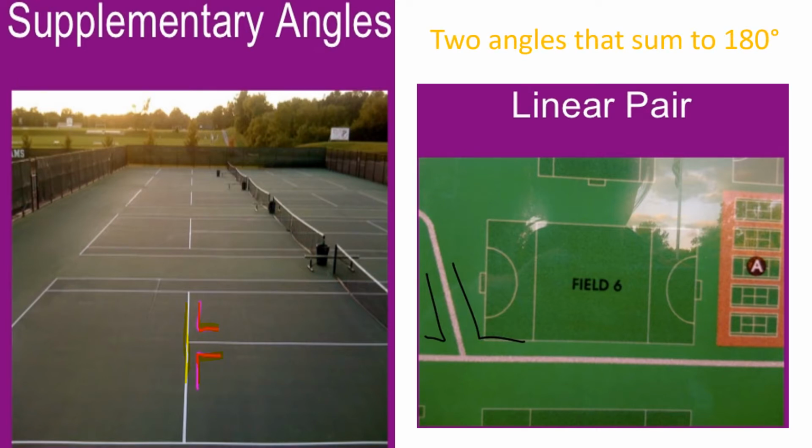It's any two angles that sum or add up to 180 degrees. So this one and this one, you really can't see that. That's acute. That's obtuse. Together they equal 180 degrees.